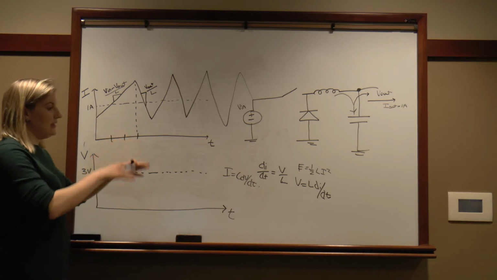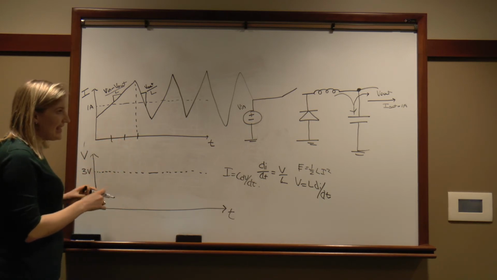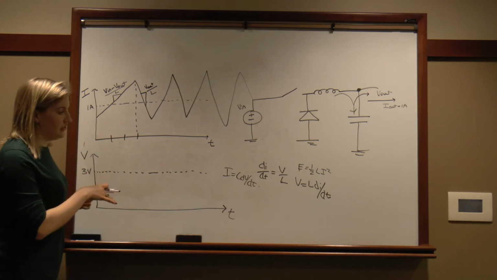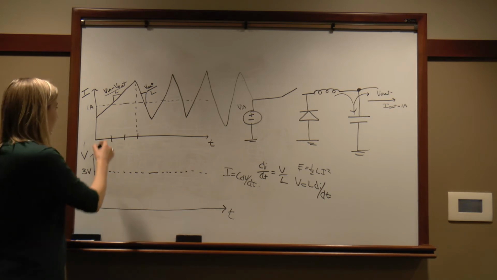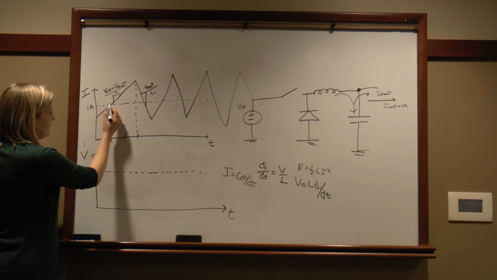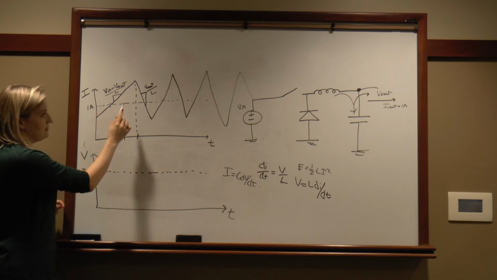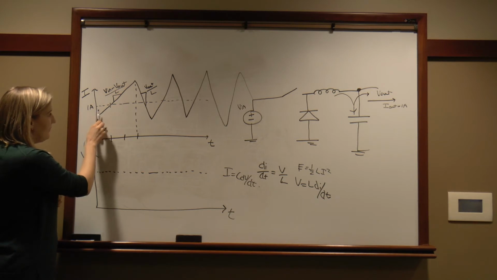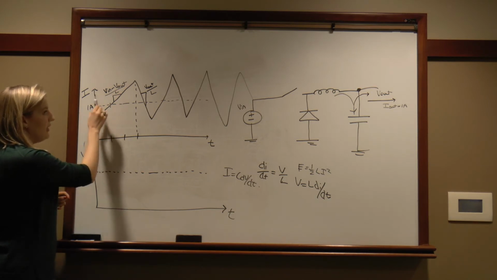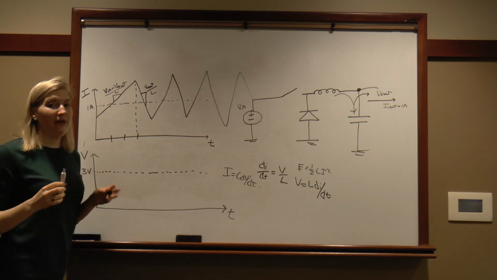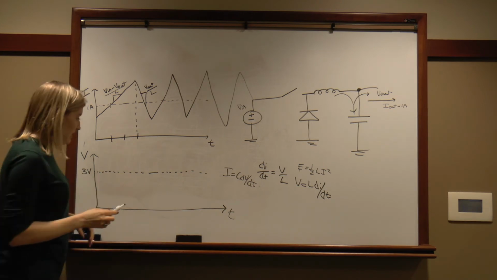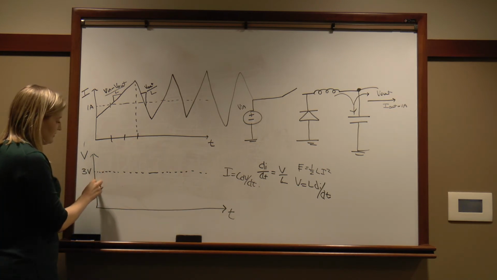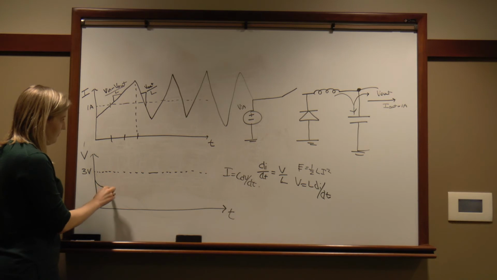But it's going to be oscillating above and below as it supplies and absorbs that extra current. So here, in this phase, before the inductor current crosses 1 amp, the inductor current is below 1 amp. So the capacitor has to help supply some of that current to get us up to 1 amp. So in this instance, the capacitor voltage is going down.